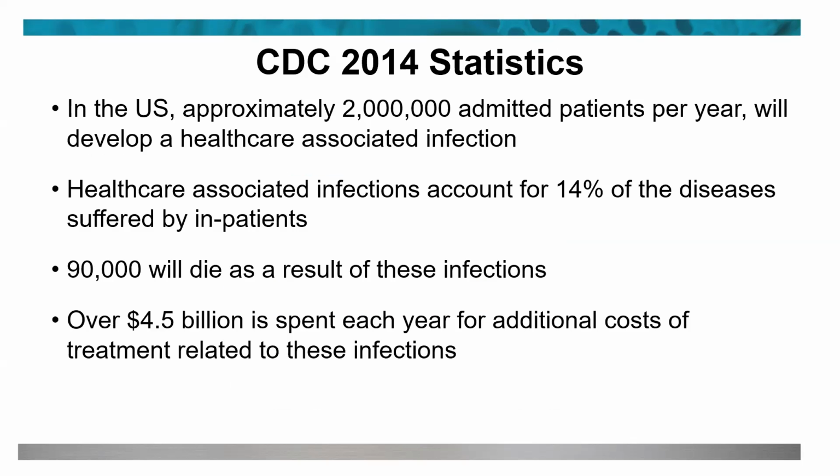So this is just a little bit about statistics. You can see that according to the CDC, 2 million people are admitted per year to the hospital, and they will develop a hospital associated infection.